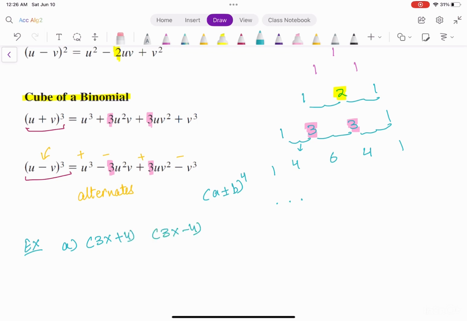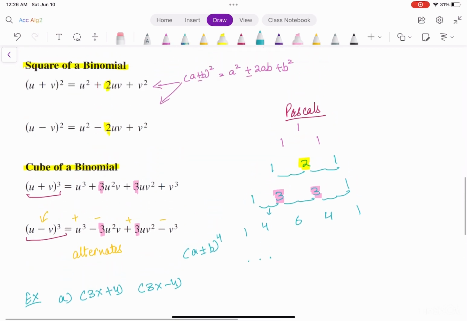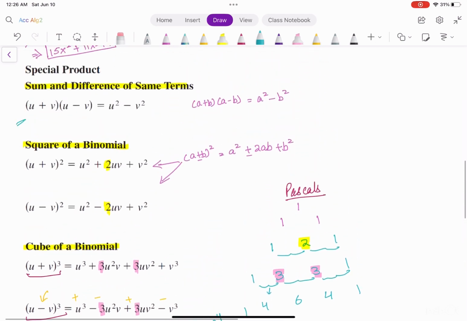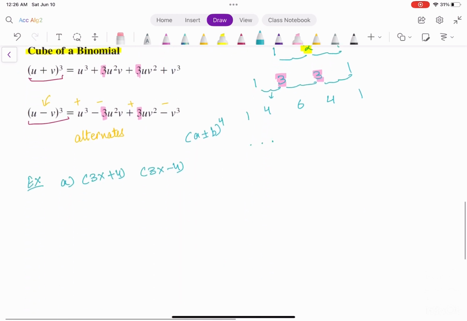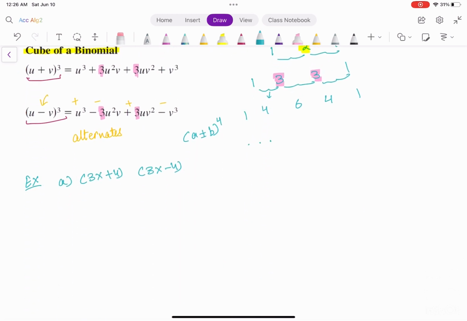Now in this one, we have the sum and the difference of the same term, the first condition. So our pattern here is a plus b times a minus b, and I can rewrite a plus b times a minus b as a squared minus b squared.